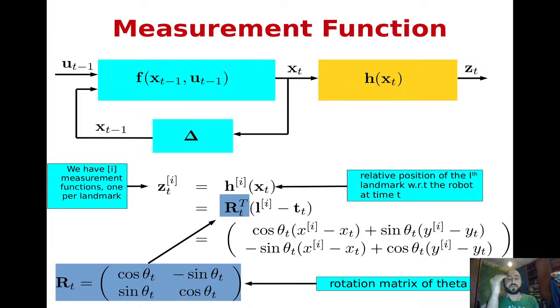So follow my reasoning. We observe a landmark, but the sensor is placed at the center of the robot in this case. So actually our observation is in the robot frame, while the map is referred to a world frame. So there will be a point in the map which is the origin of the map itself, and then all the points are expressed in this frame.